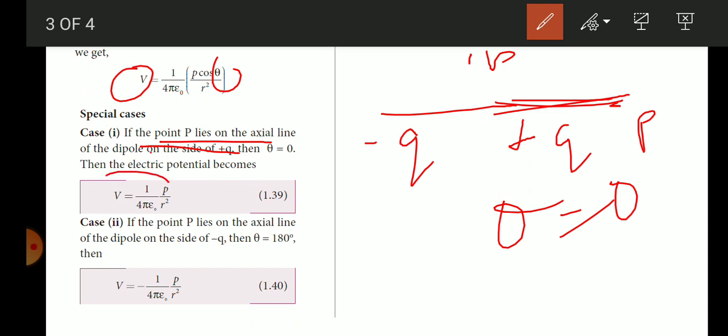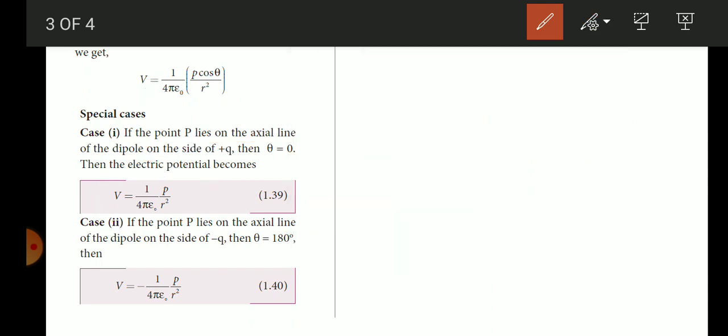Then the electric potential will be 1 by 4 pi epsilon naught P by r square. Then next, if point P lies on the axial line along the minus q charge, then theta will become 180 degree. Cos 180 degree is equal to minus 1. Then the term will be minus 1 by 4 pi epsilon naught P by r square.